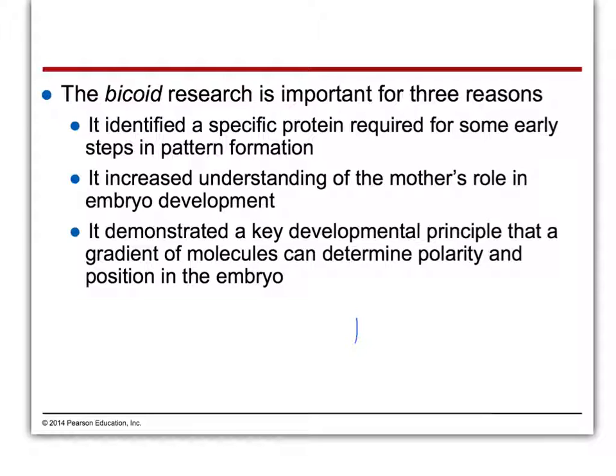It underscores the importance of mom's role in producing eggs, and that they are determining early development before fertilization actually occurs. And the gradient principle, top to bottom, front to back, is determined by polarity and the position of the embryo as it develops.